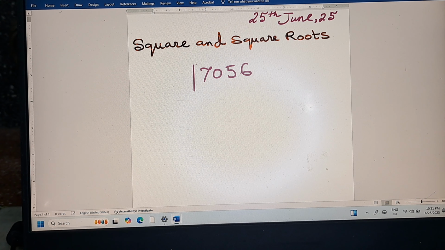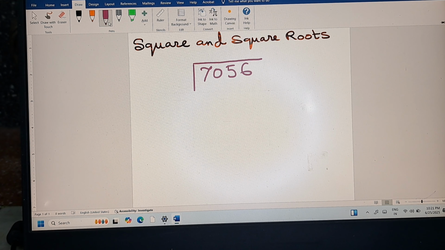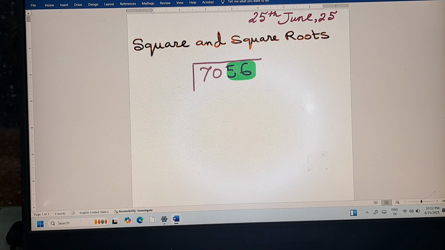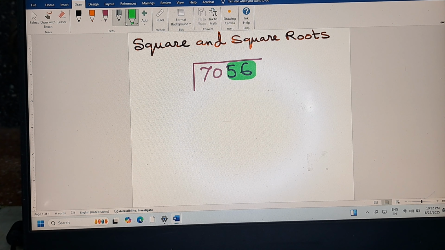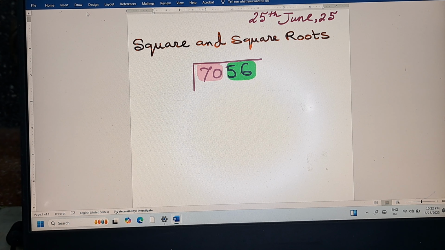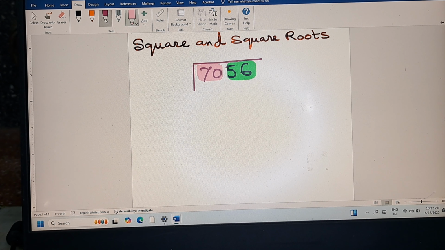So here, students, how are we going to divide? Let us check. We will do the pairing from the right hand side. So I am getting a pair, that is 56, and on my left hand side I am getting 70. When you are putting any number over here, students, you have to put the square of the number.